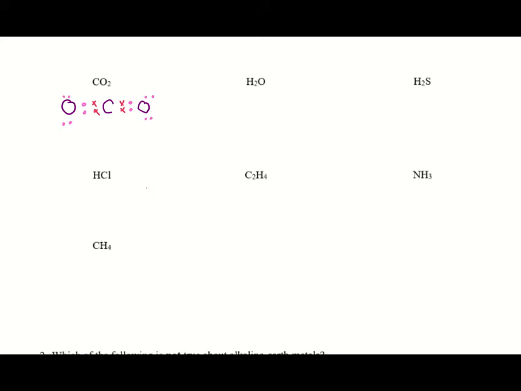H2O. We have 2 hydrogen, 1 oxygen, so I'll put oxygen in the middle and I'll put hydrogen on the other side. Hydrogen has 1 electron and doesn't have any other option. It should share this electron. Oxygen has 6 electrons in the outer shell and should share 2 to be stable.